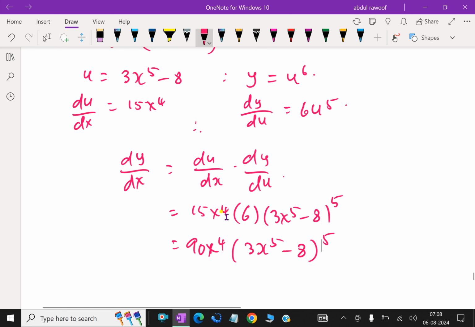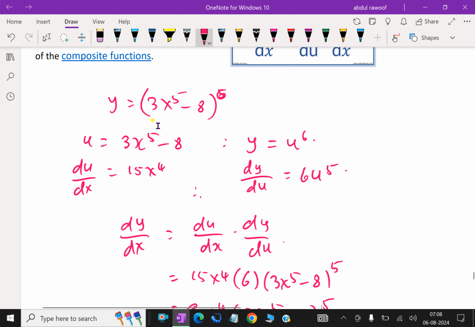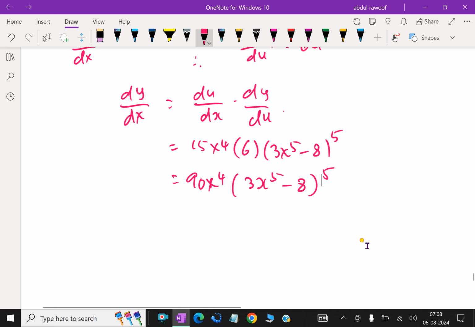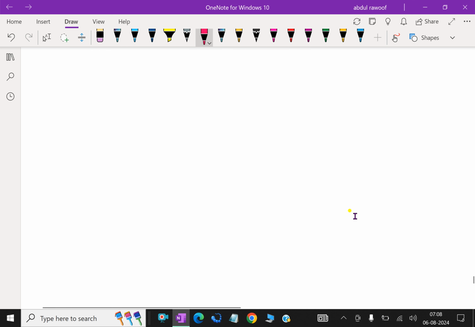So this is the result for this. Look at here, normally you can use it. 6 into 15 is 90. Okay, this is y dash you can write. Next one.